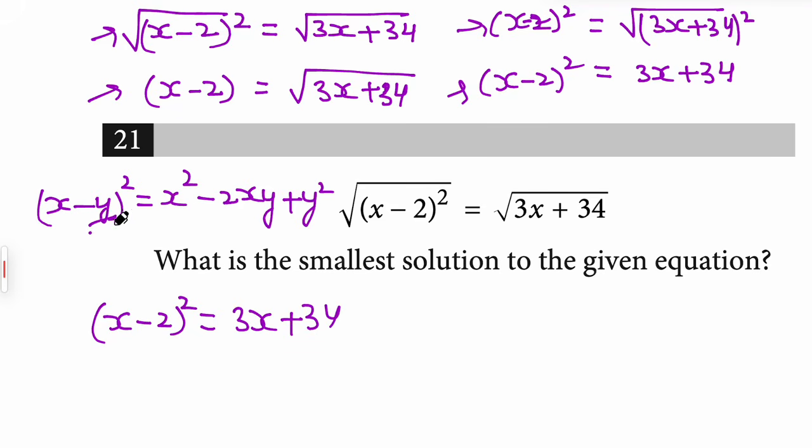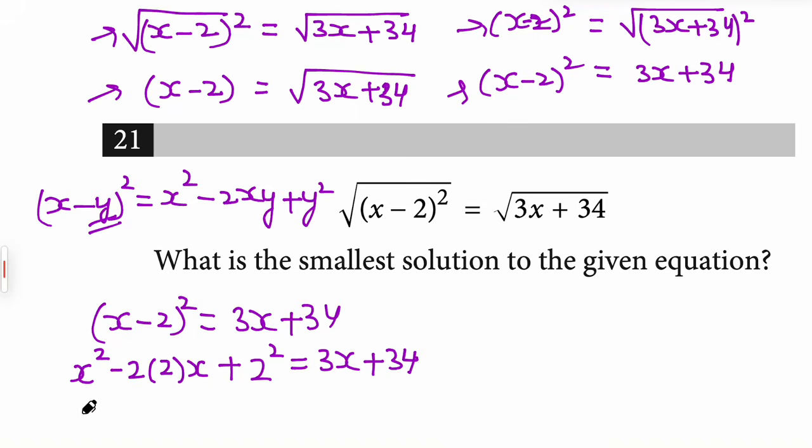Let's replace every y with 2 to solve this. That is x squared minus 2 times x times 2 plus 2 squared is equal to 3x plus 34. So that is x squared minus 4x plus 4 is equal to 3x plus 34.